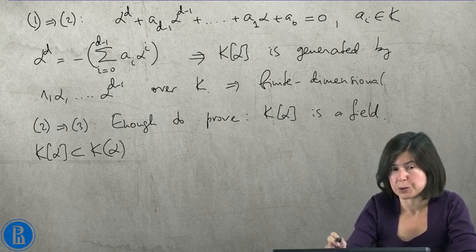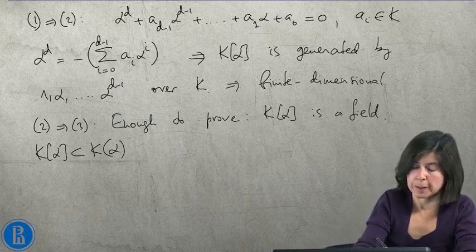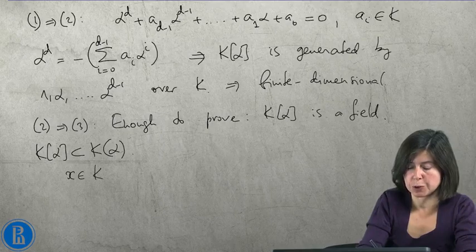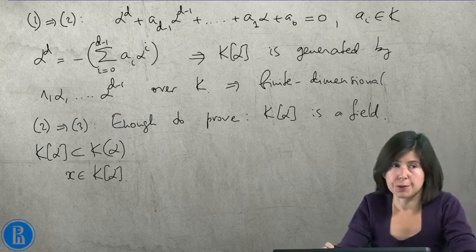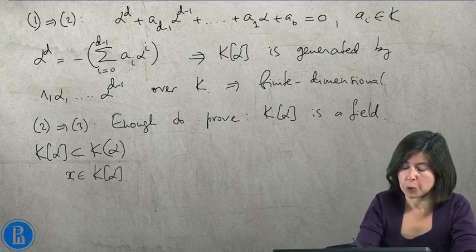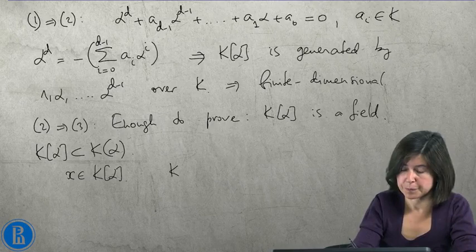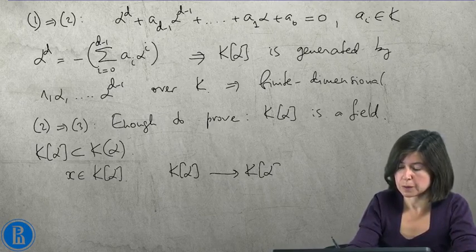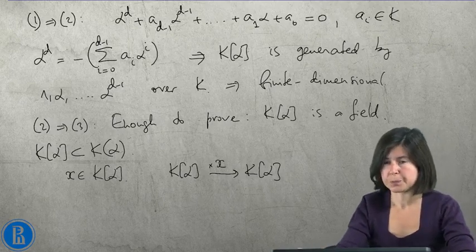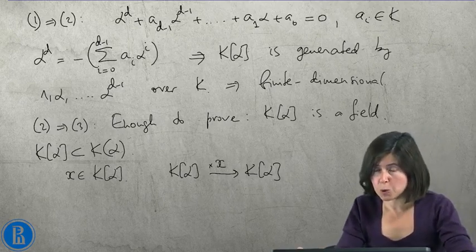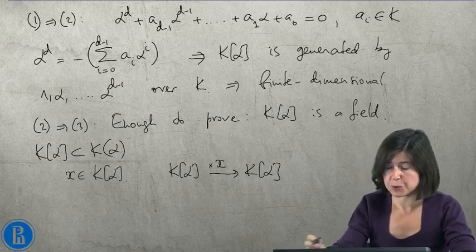Well, how do you prove this? It is very simple. Well, let x be an element of K of alpha. I want to show that this is invertible. Consider the multiplication by x. This is a homomorphism of vector spaces.